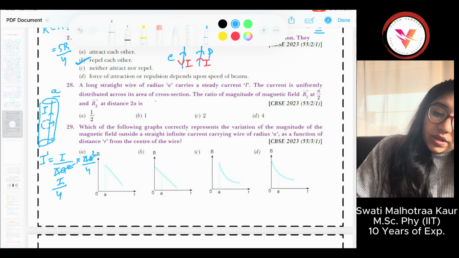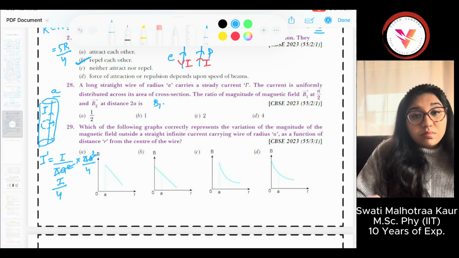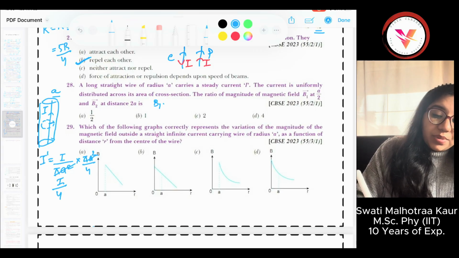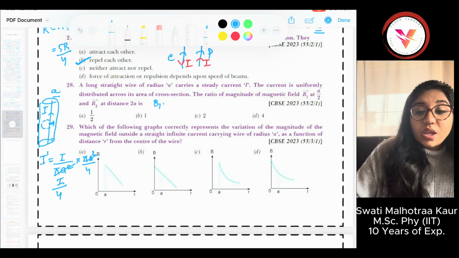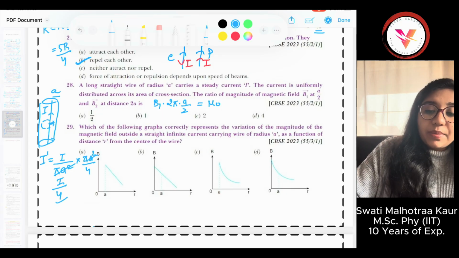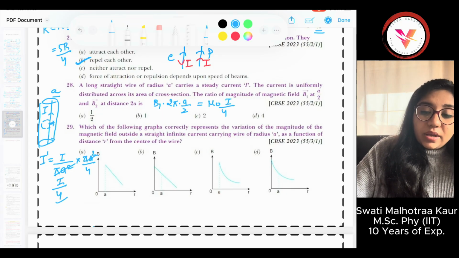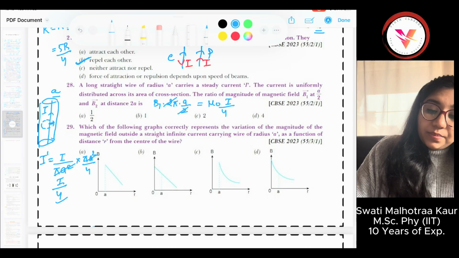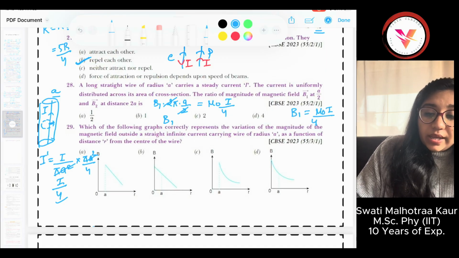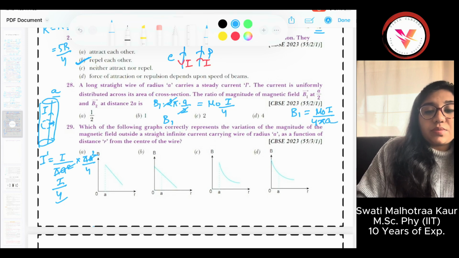So your B1 into dl, that is the length of the Ampere's loop. Here the Ampere's loop has the radius of A/2. So 2 pi into A/2 is equal to mu naught I enclosed, and here I enclosed is I/4. Okay, you can cancel 2, and then B1 is mu naught I/4, and this pi A goes down.